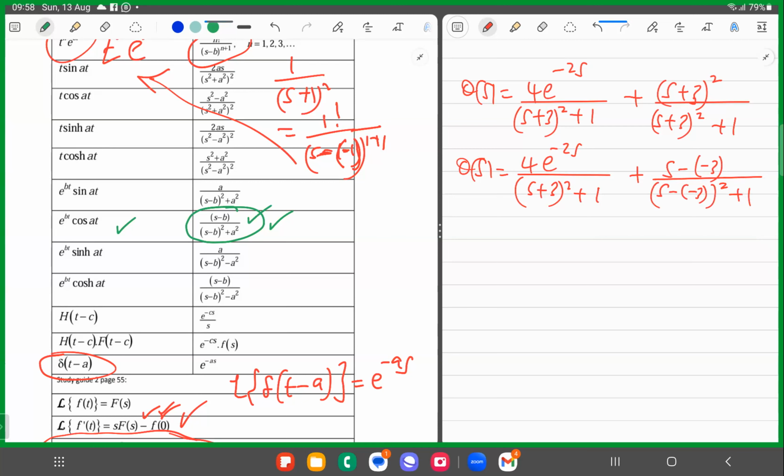Now what do you do? You take the inverse Laplace transform. Which means that theta of t is the inverse Laplace transform of theta of s.